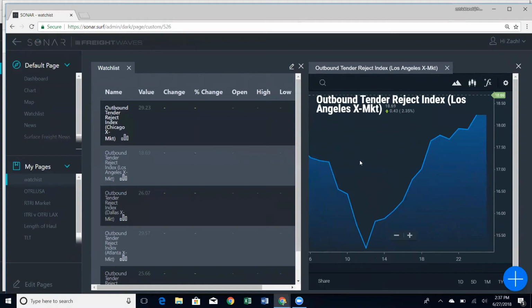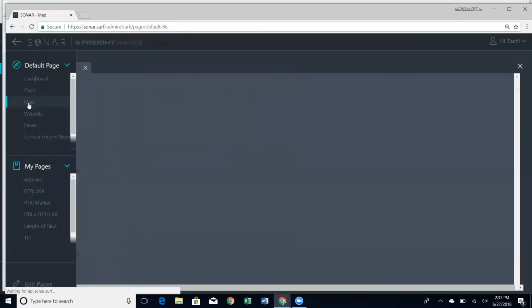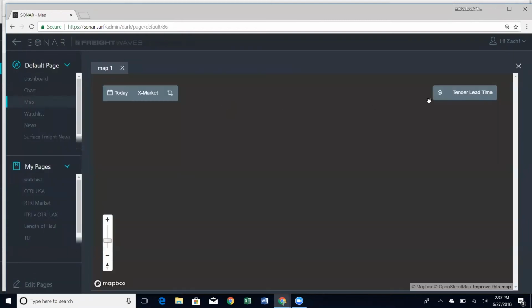And another way, to stick along with that question we received, to see a high-level overview is through the map, the heat map, which we haven't talked a lot about on this specific webinar.